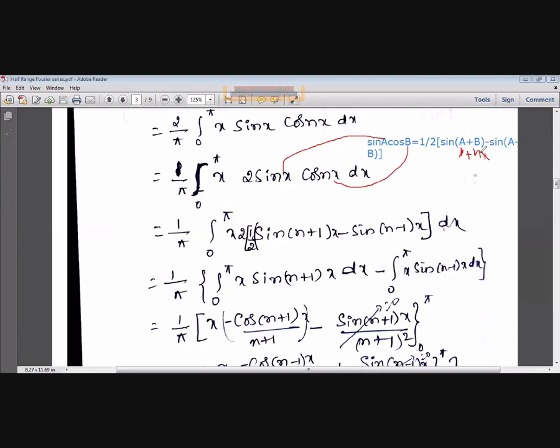Okay. So in x plus nx, take x common: n plus 1 x. In x minus nx, take x common: n minus 1 x. Understanding? Next, now this 2 will get cancelled with this 2. X as it is, sin n plus 1 x dx minus sin n minus 1 x dx.